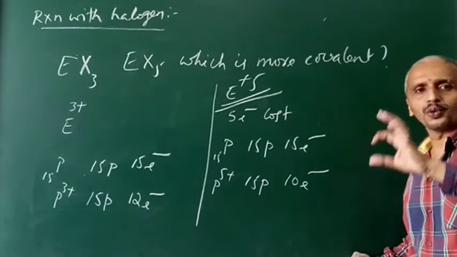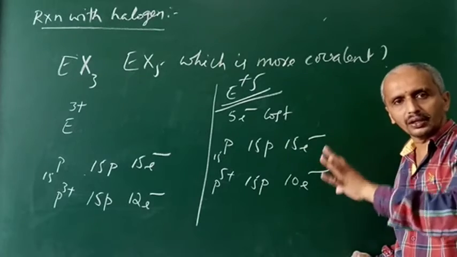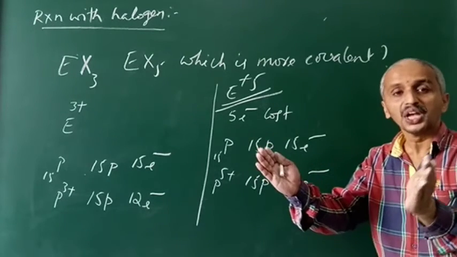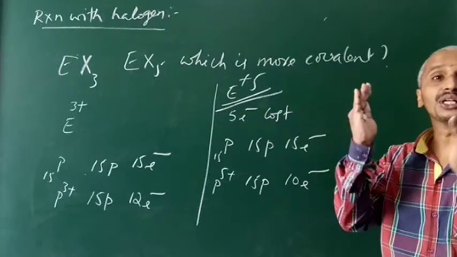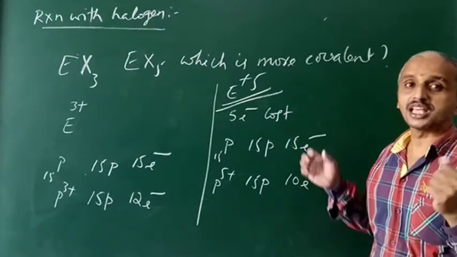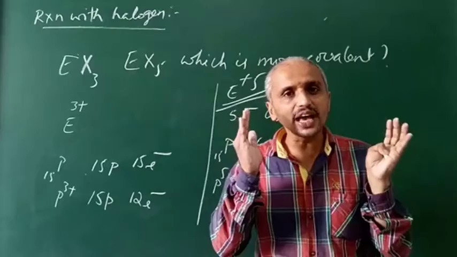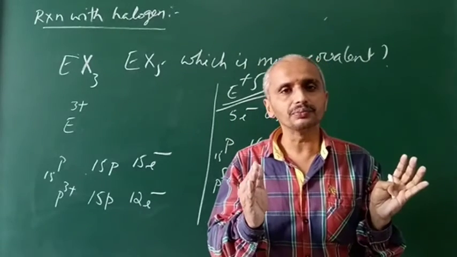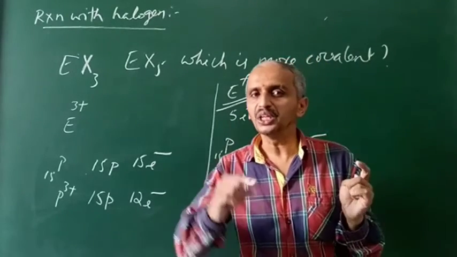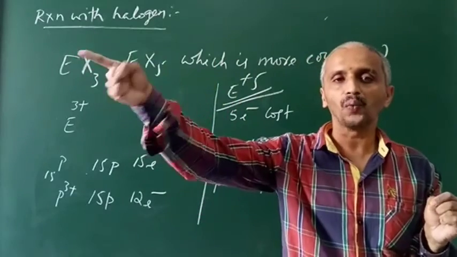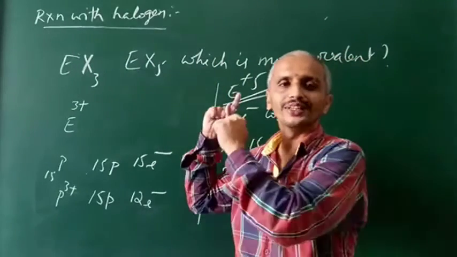As the number of protons is the same and the number of electrons decreases, what happens then? Effective nuclear charge increases. Size becomes smaller and smaller, and when the size becomes smaller, sharing of electrons is more and more, which is a factor of covalent bonding itself.